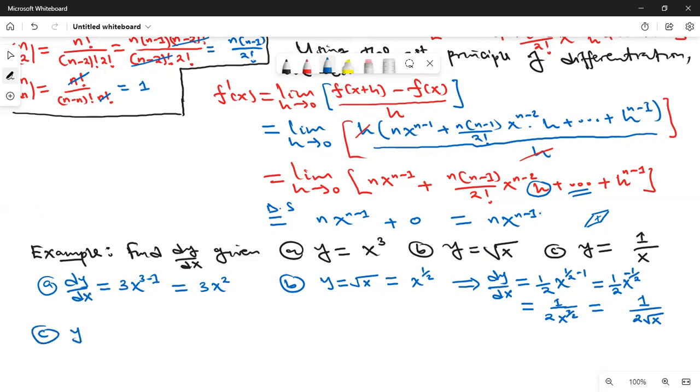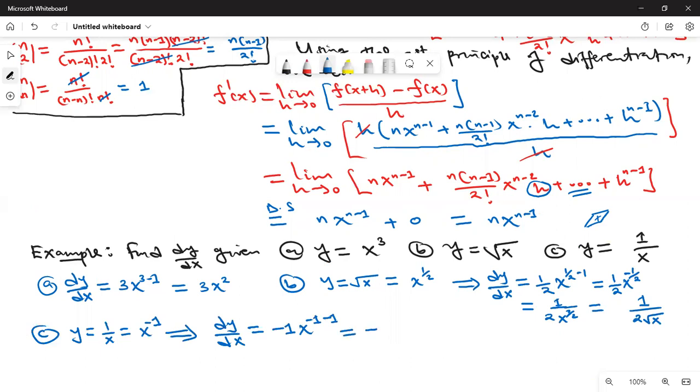Part C. Remember, y is equal to 1 over x can be written as x raised to negative 1. So therefore, dy dx is equal to, bring down the power, that is negative 1, times x raised to negative 1, you subtract 1, that will give us negative 2.